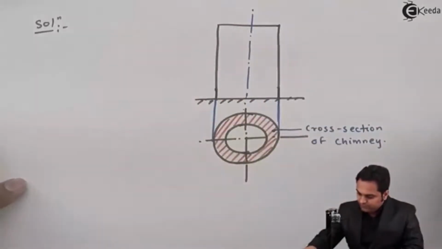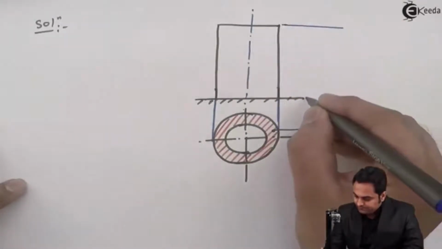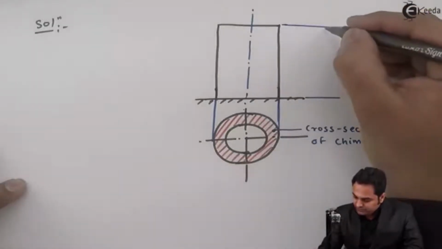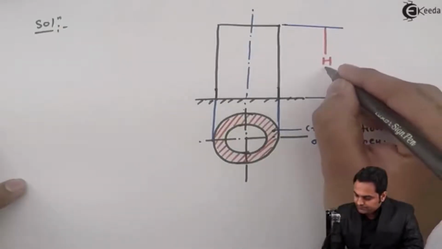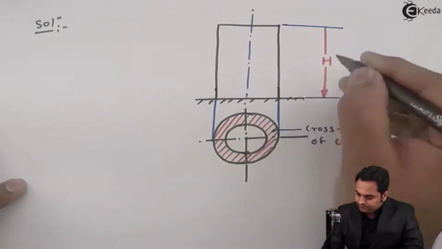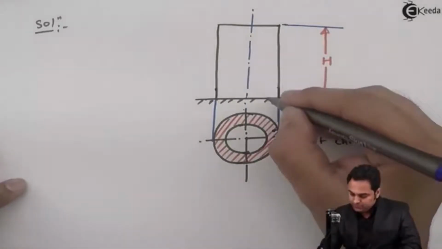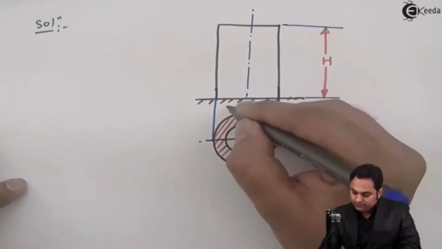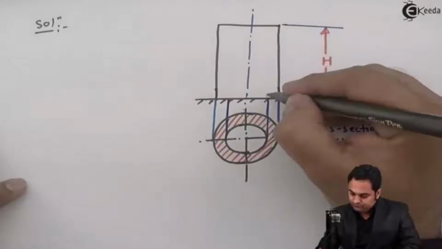So here we have this height of the chimney, which I'll denote by capital H. And here, since the section is hollow, I'll project the inner circle as well.